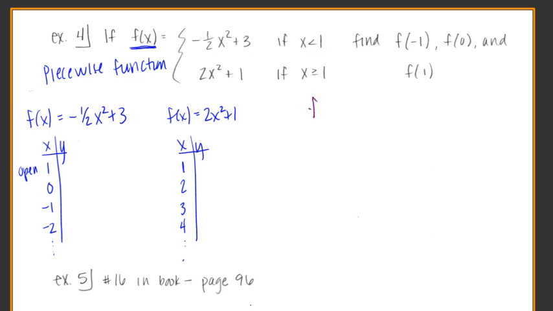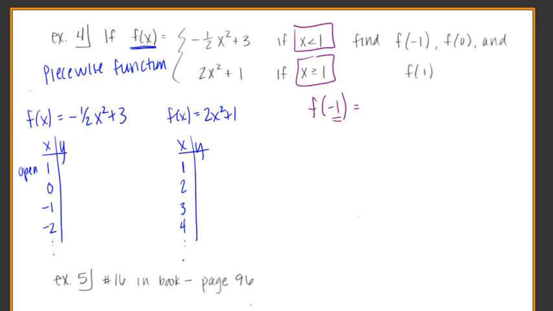First of all, it wants us to find f of -1. Okay, so the x value we want to plug into our function is -1. The question is, which one do I plug it into? Do I plug it into both equations, or do I just plug it into one equation? And what's going to help me answer that is this last little part on both right there. Where does -1 fall? Is -1 less than 1, or is -1 greater than 1?